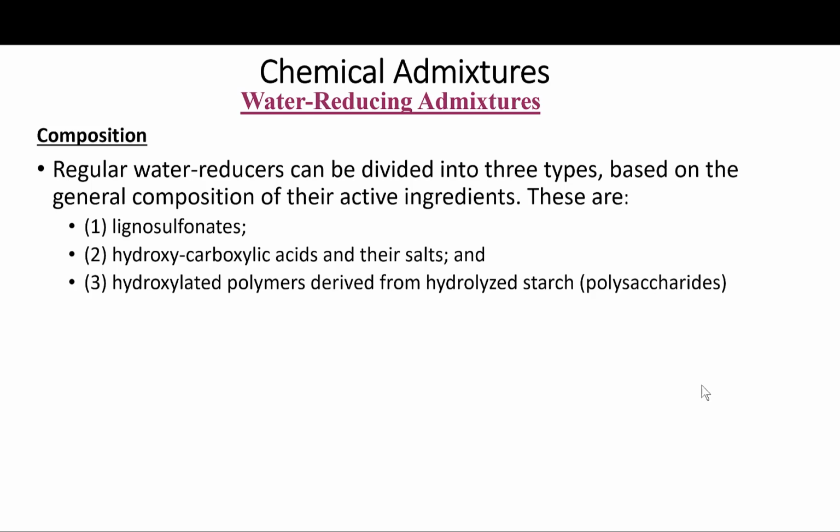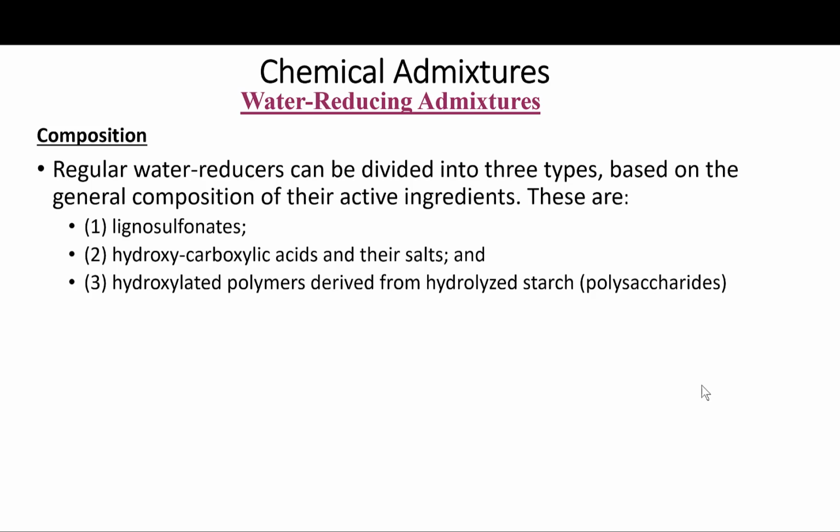So let's look at the composition of these admixtures. The regular water reducers can be divided into three types, based on the general composition of their active ingredients. These are first something called the lignosulfates.